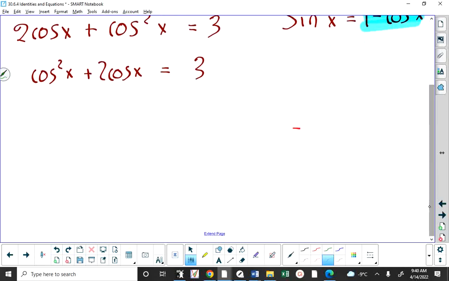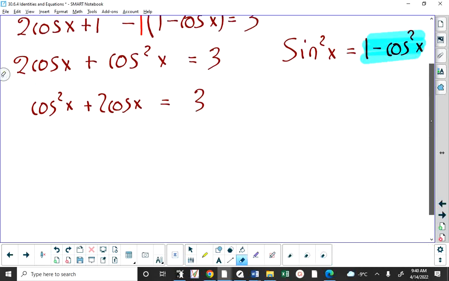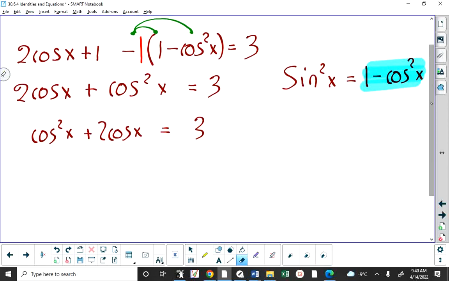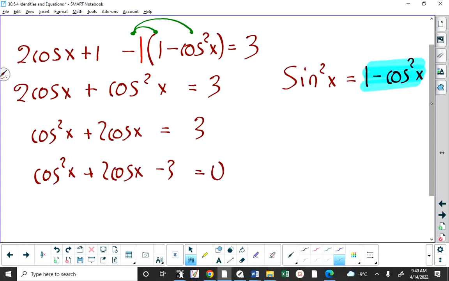This is quadratic. Had I realized it was 3, I probably would have moved the 3 over in the last step. Anyway, we have cos squared of x plus 2 cos of x minus 3 equals 0. And this is a fairly basic trigonometric equation to factor and solve. It's not quite in the Math 20-1 realm yet.